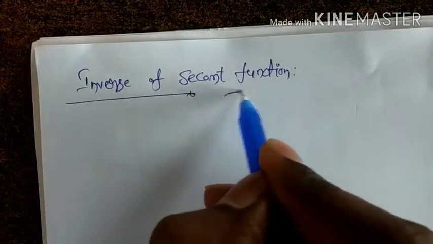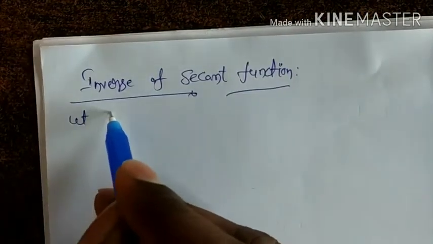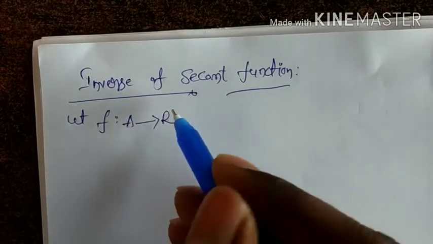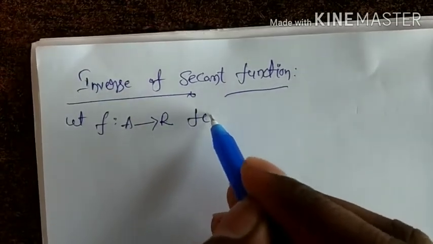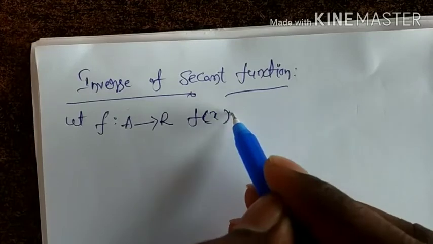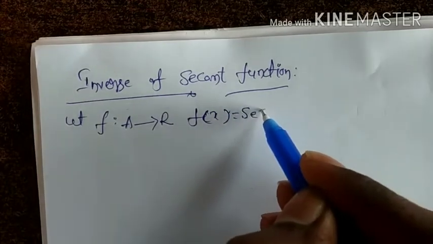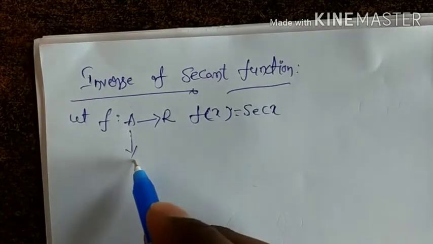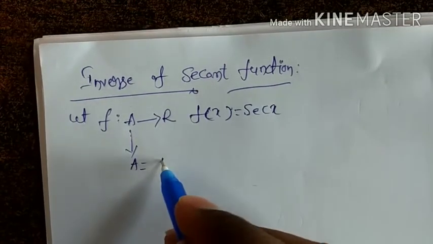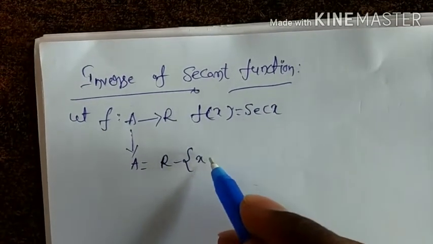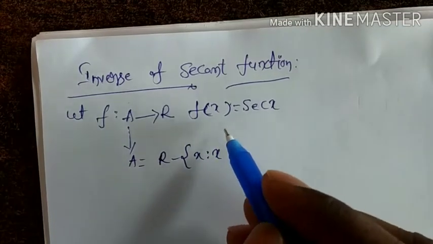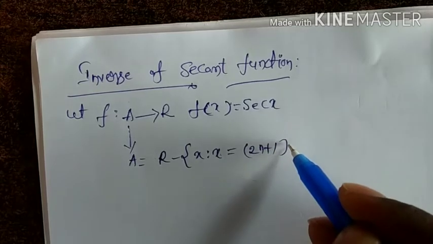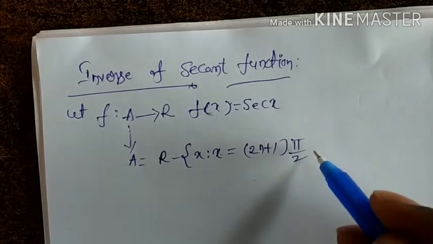Let the function f from A to R be defined by f of x is equal to secant x, where A is equal to R minus the set of x such that x is equal to (2n plus 1) times pi by 2.